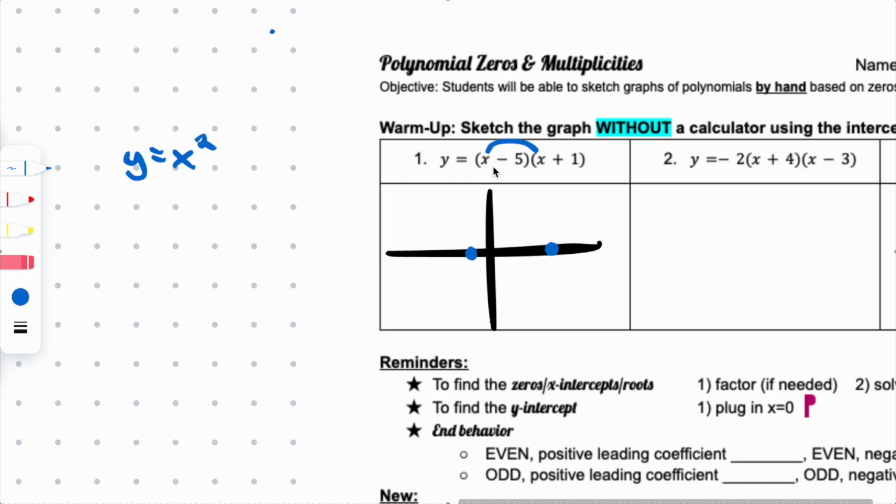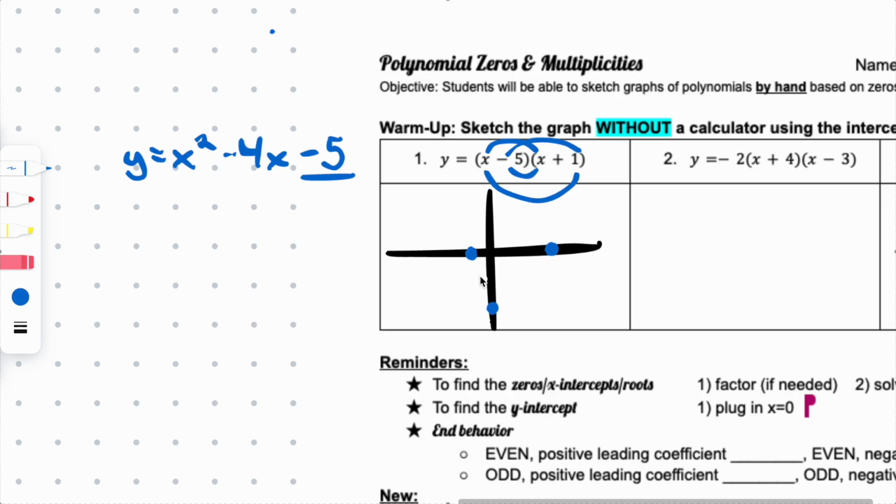This -5 times x gives -5x, but at the same time we have this plus x, so -5x plus x is going to give us -4x. And then we have -5 times 1, so that's just -5. Our y-intercept is just going to be this value, so we're going to have a -5 down here.